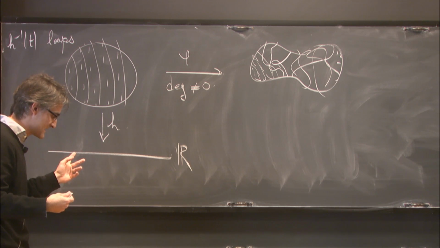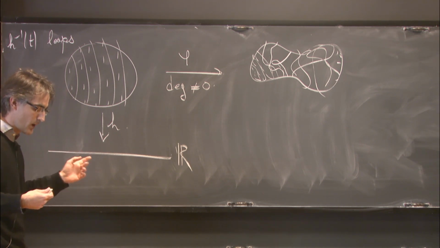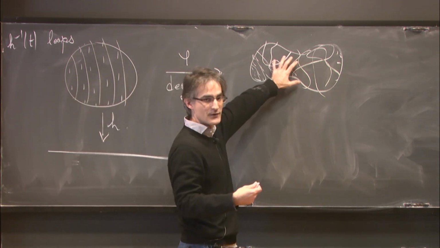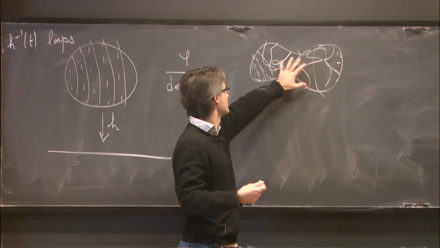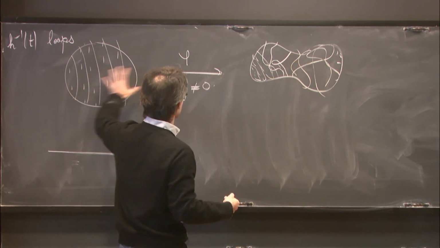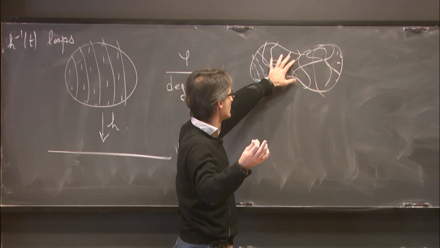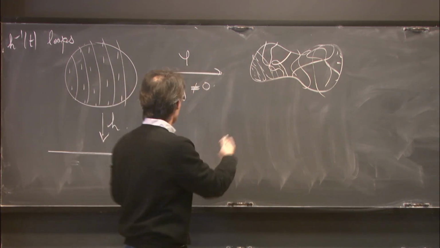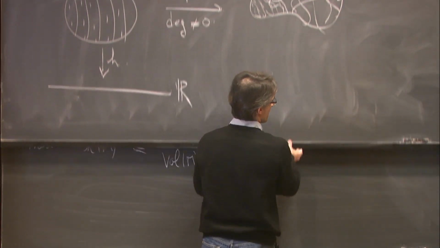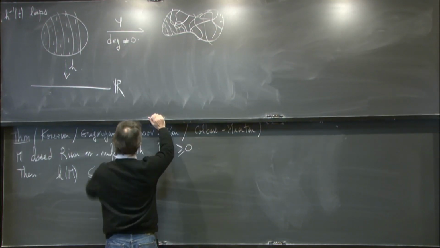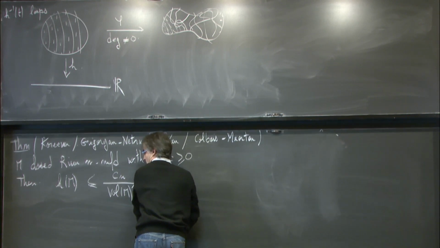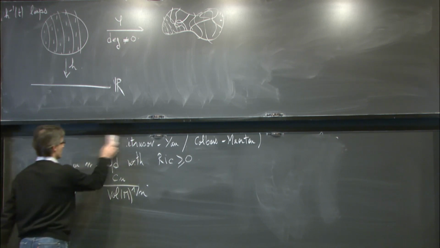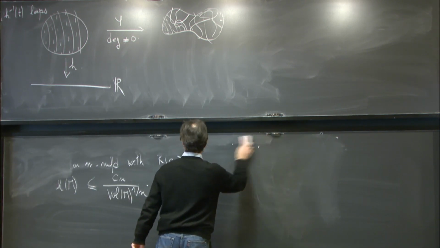A drawback is that it only works for spheres. If you have a surface of higher genus, you can't apply this process like that, because there's no map of non-zero degree between the two-sphere and your surface in higher genus.